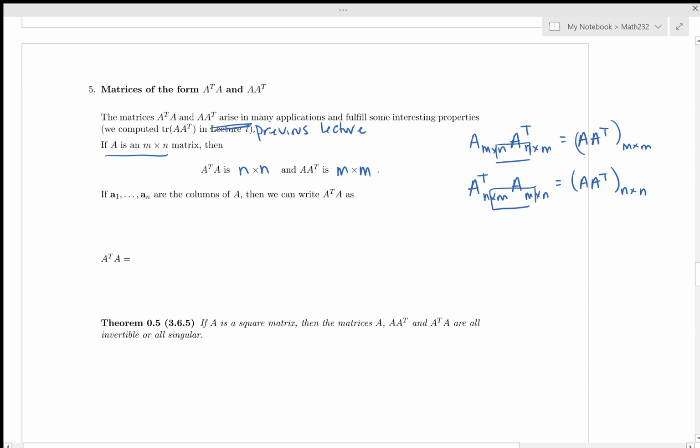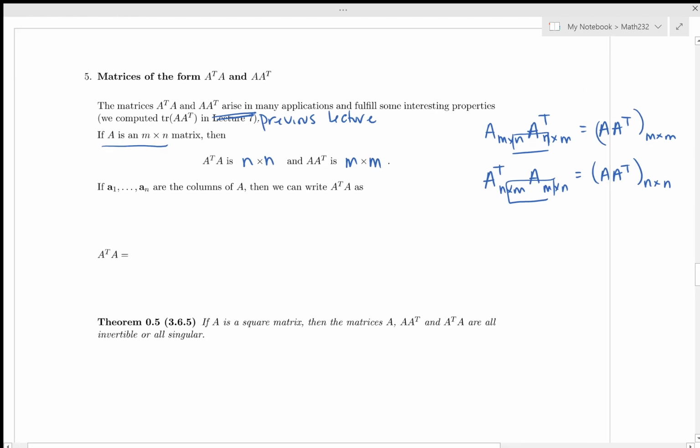Okay, let us think of A as being a list of column vectors. So I'm thinking in this case of A like this: one column vector, a second column vector, etc., the columns of A. And then we can think about what A transpose would look like. Those would be row vectors.